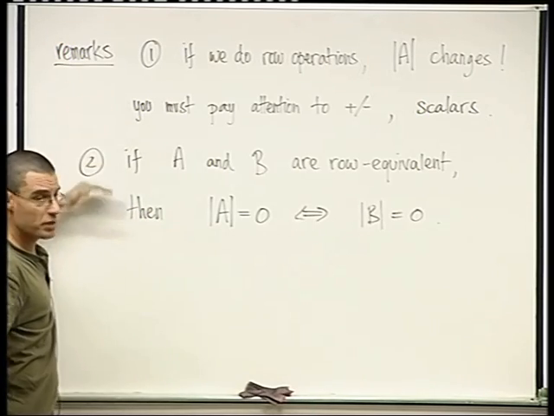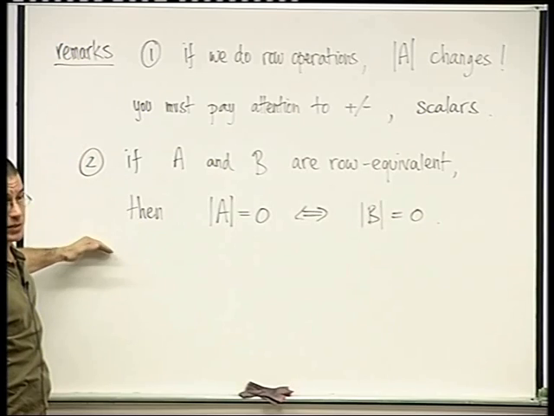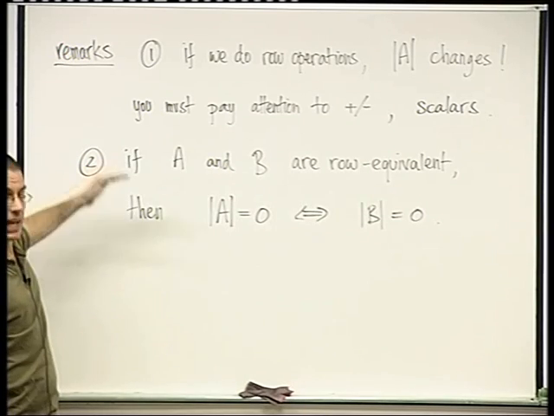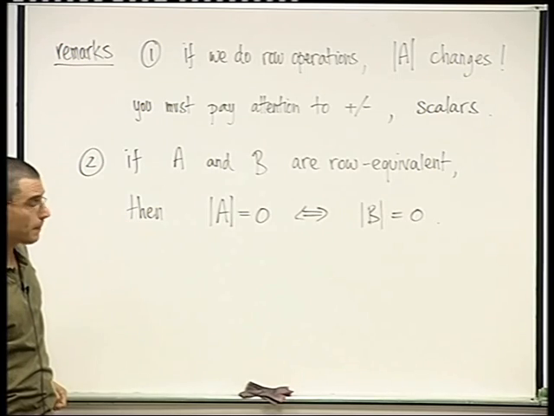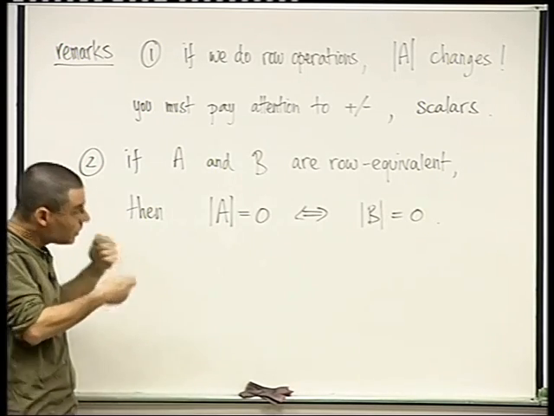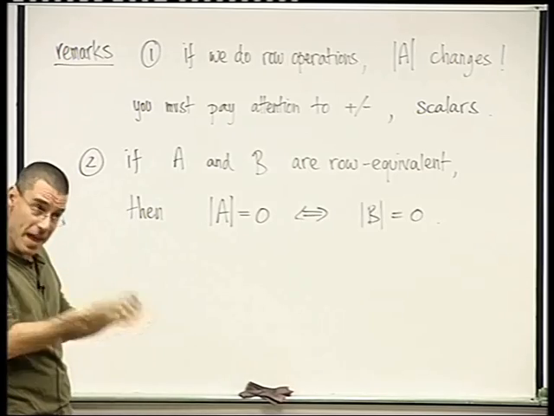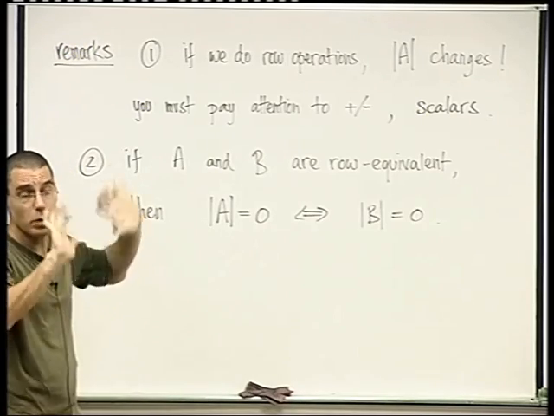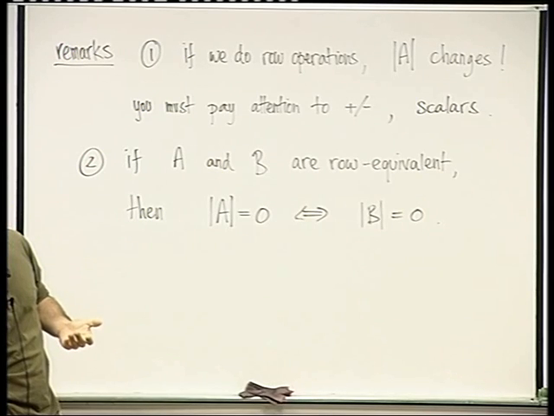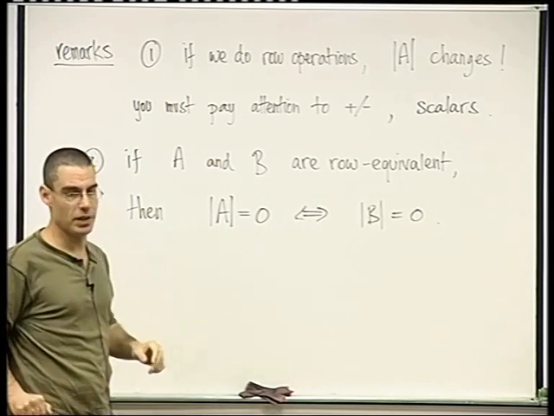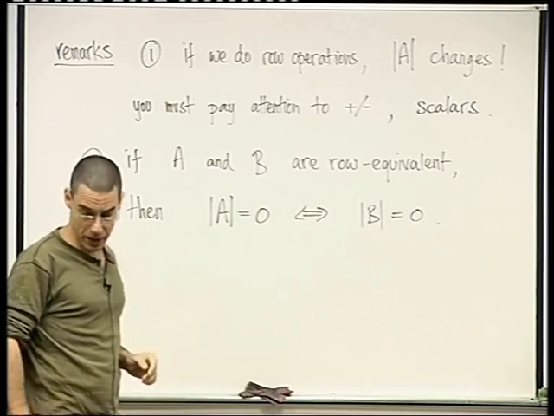Remember that theorem with the 4 equivalent statements. So there's going to be a 5th one: A is invertible if and only if the determinant is not 0. And then we're going to see, using determinants, a different method for solving equations. But let's leave some stuff for next time. Okay, so we're stopping here.